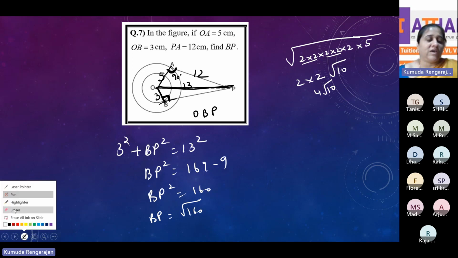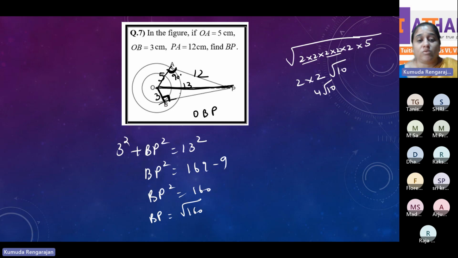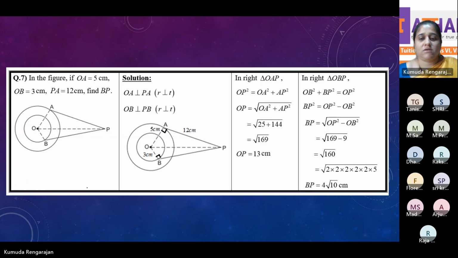We need to be very careful with the hypotenuse, children, or you can go wrong there. 13 is the hypotenuse, so BP cannot be more than 13, because the hypotenuse is the longest side. BP is 4 root 10.